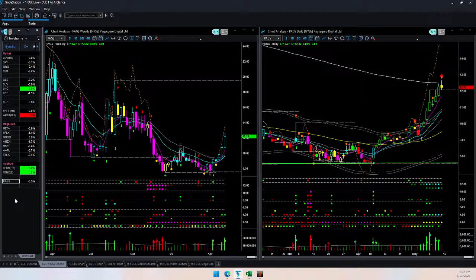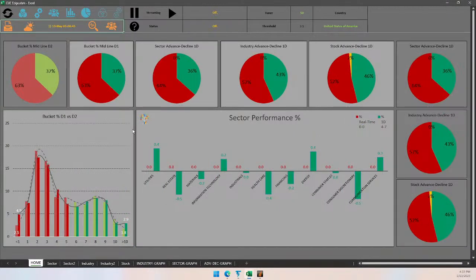Now, sector industry stock advance decline breadth was weak and it was weakening throughout the week. But has it become oversold? That we will know if we see the percentage of stocks in the lowest bucket, that is the percentage of stocks below the lower Bollinger Band, that hits about the 30% level.